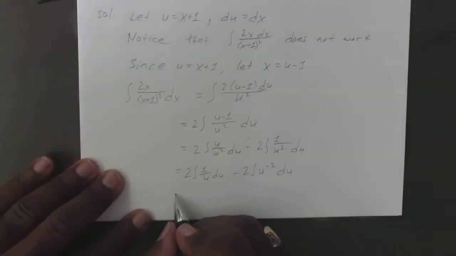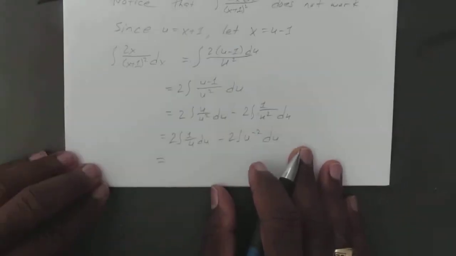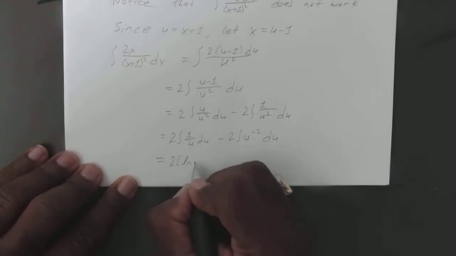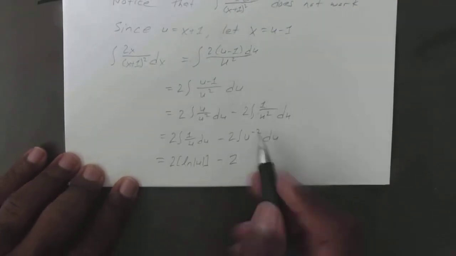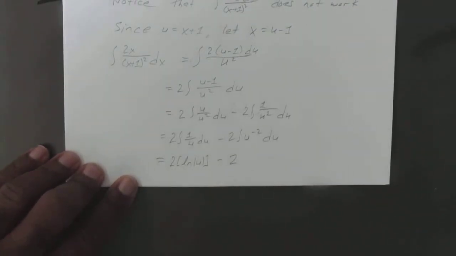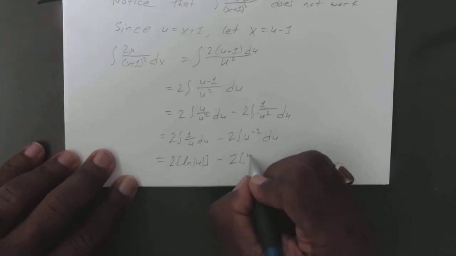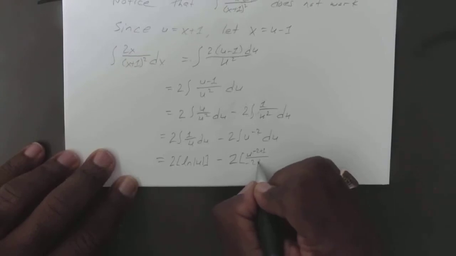Okay, so since that's your du over u, that actually equals 2 times the natural log of u minus 2, the integral of u to the negative 2, remember that's n plus 1 over n plus 1, so that would be u to the negative 1 over negative 1.